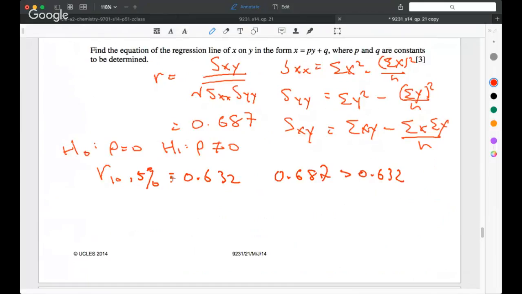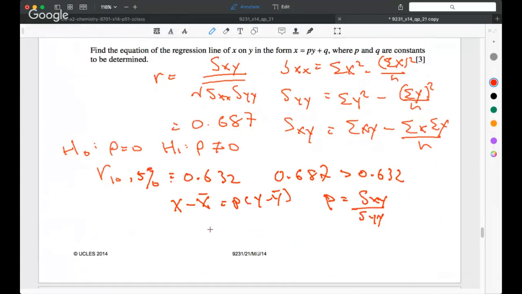Find the equation of the regression line of x on y in the form x equals py plus q, where p and q are constants to be determined. Well, the form would be x minus x bar equals p times y minus y bar, where p is equal to Sxy over Syy, so the x on y equation.